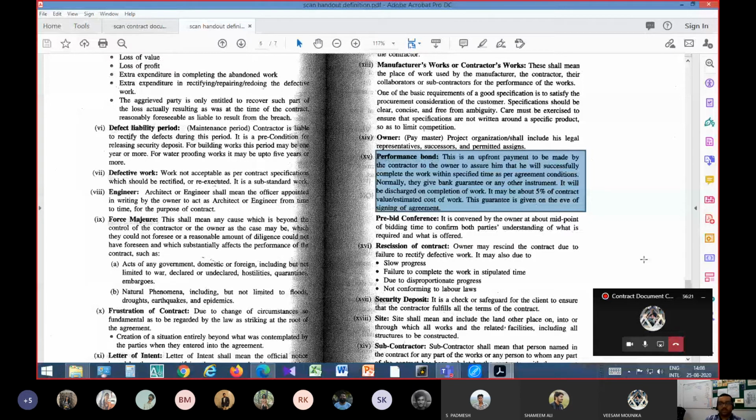We don't even ask for this performance bond. What we expect from him is, the bidder with whom you are signing the contract will now give a tax statement of the last, say, 3, 4, 5, 6 years, which clarifies that he has a good amount of money in transaction, so he pays a good amount of tax and he is not a defaulter of tax.